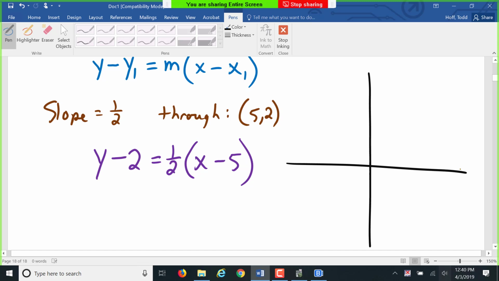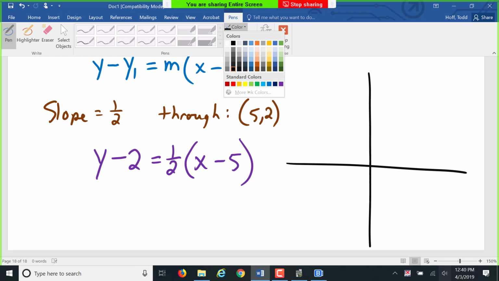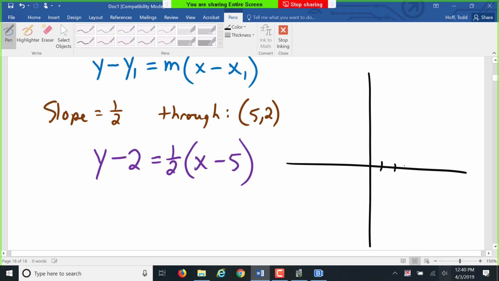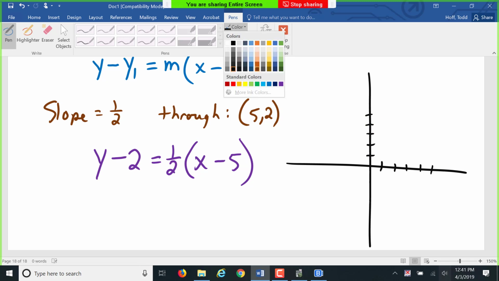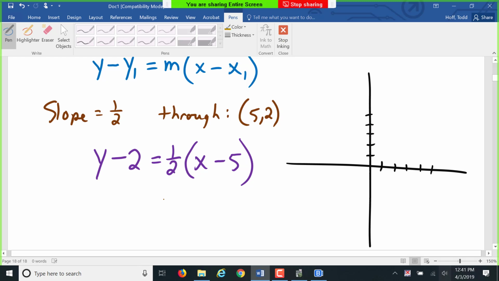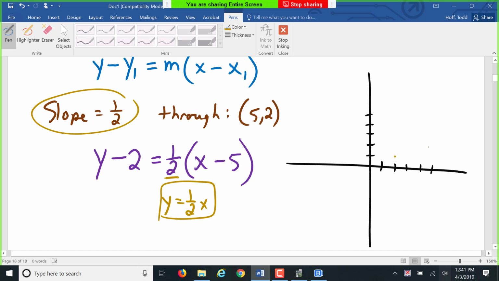Essentially, what this has done is it's shifted the origin of our graph. If we think of a line that starts out as simply y equals 1/2 x, so it's a line with the same slope as what we're looking at, slope of 1/2, but it goes through the origin. That line is going to look something like this.